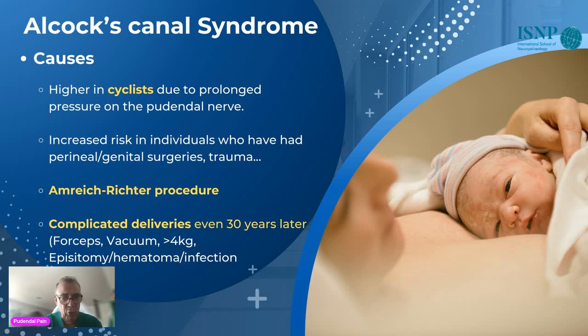So be aware, once again, Alcock canal syndrome can develop even 30 years after a complicated vaginal delivery. So the argumentation to say, wow, the delivery was 20 years ago, nothing to do with the vaginal delivery, that is definitively not an argument.